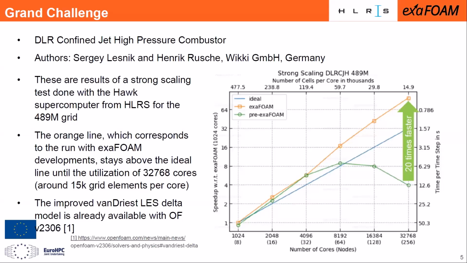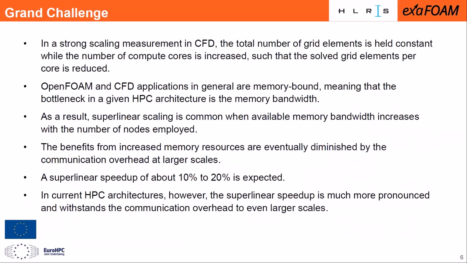Then we wanted to study why we have this so pronounced superlinear speedup. We know that OpenFOAM and CFD applications in general are memory bound. The bottleneck is the memory bandwidth. As a result, superlinear speedup is common when the available memory bandwidth increases as we use more nodes.